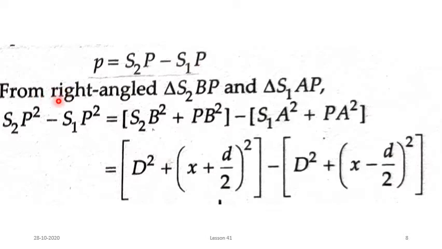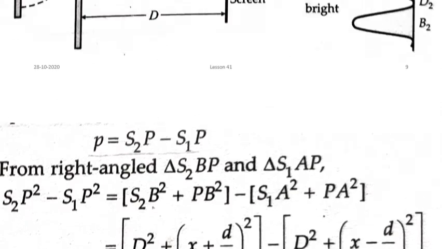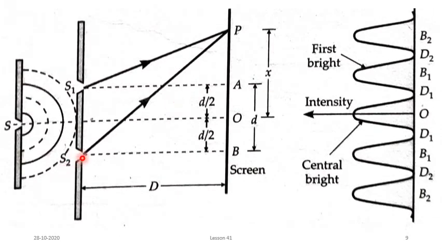Now from the right angle triangle S2BP and triangle S1AP, consider your triangle S2BP. This is your first right angle triangle. Using the Pythagoras theorem, S2P square equals S2B square plus PB square.